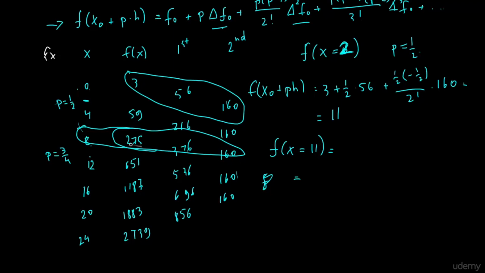So once again we take the 275, plus p, which is 3/4 times 376, plus 3/4 multiplied by -1/4 divided by 2 factorial and multiplied once again by 160, which gives us a value of 542. So this is how you apply Newton's forward difference formula.